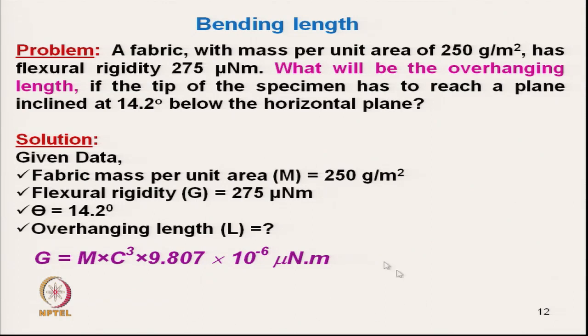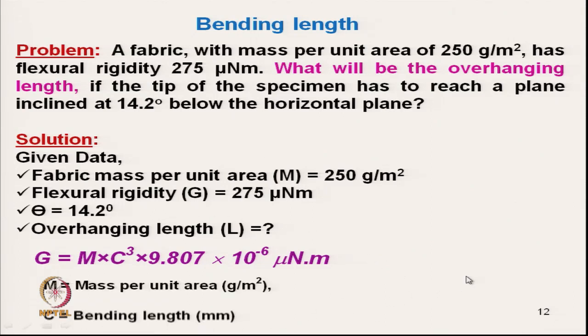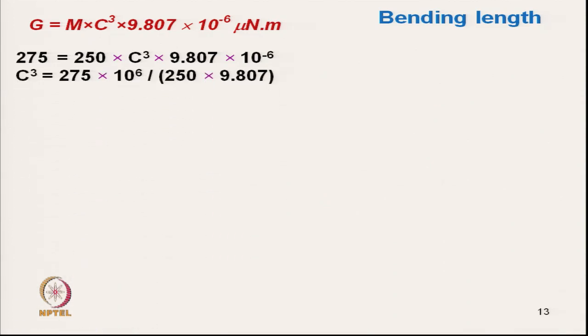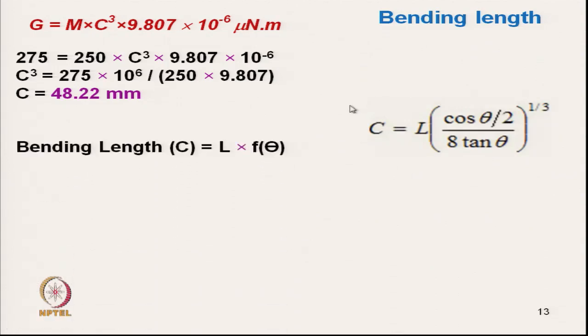So, G is given by this formula. From the given data we can calculate the bending length, which is 48.22 millimeter, and c equals L times function of theta. We can calculate the function of theta if we know the angle.